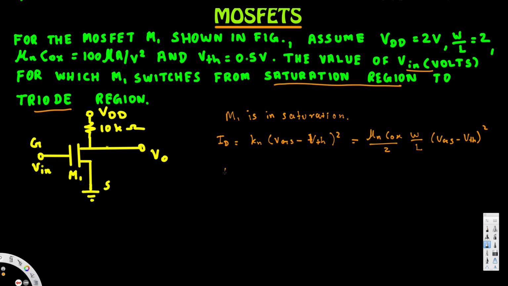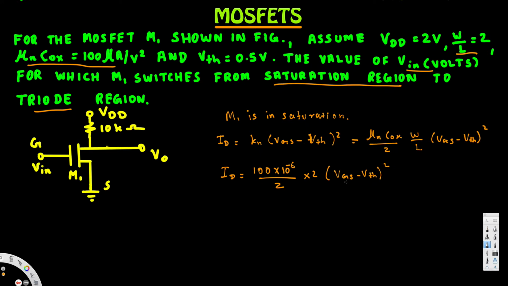Now let's go ahead and plug in the values. We have mu n COX all together provided like this. So we have 100 micro, and micro means 10 to the power of minus 6, divided by 2, and then W over L is given right here, that's 2, so multiply by 2, and then (VGS minus V threshold) squared.